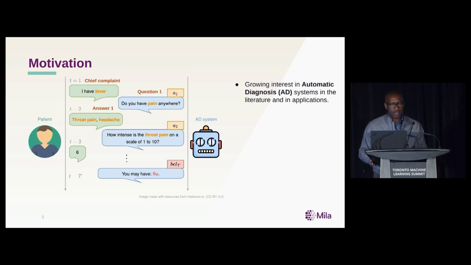Based on that answer, the system will ask a second question, and the user will provide an answer. This process will be repeated until either the system thinks it has collected enough information to predict the pathology the patient may be suffering from, or it has reached a maximum number of turns.